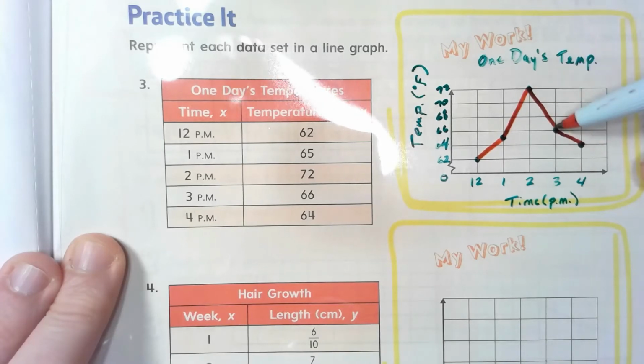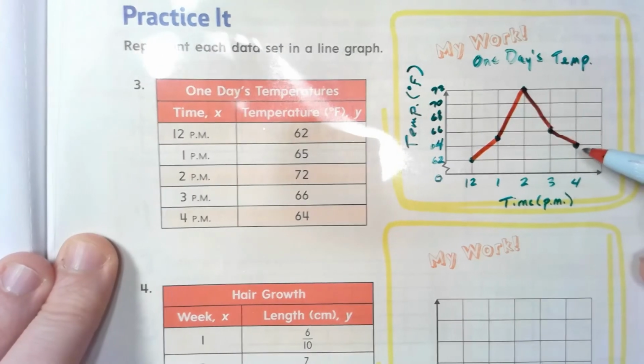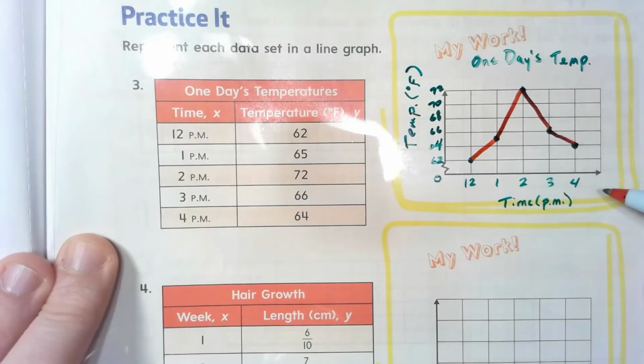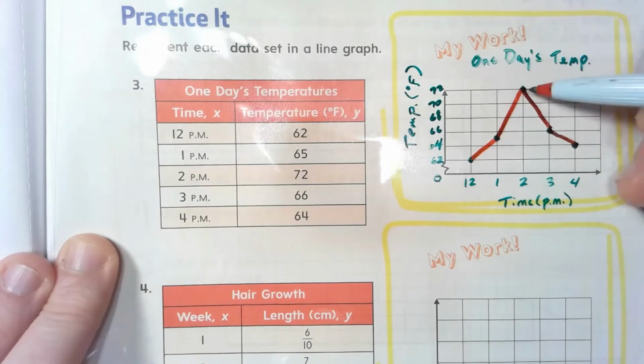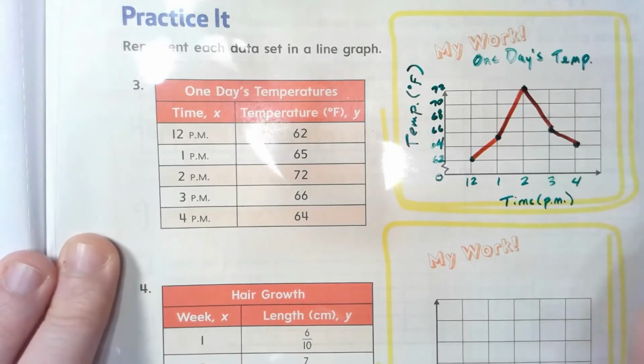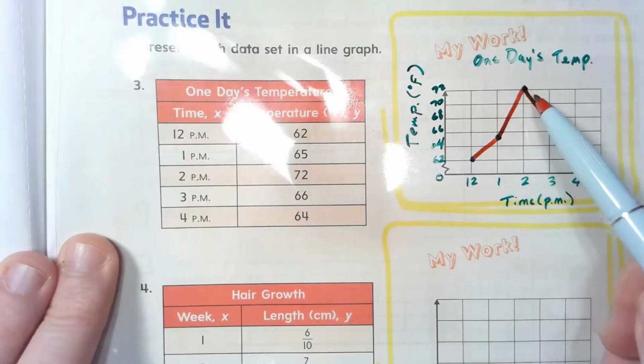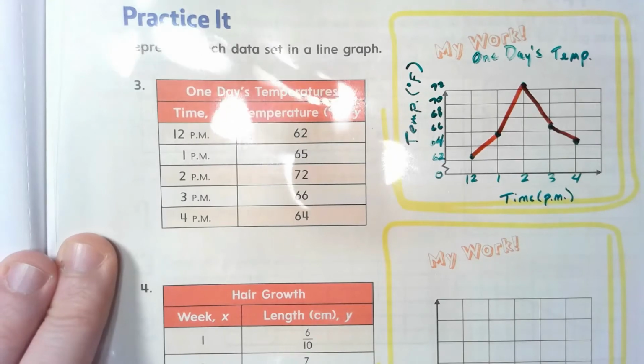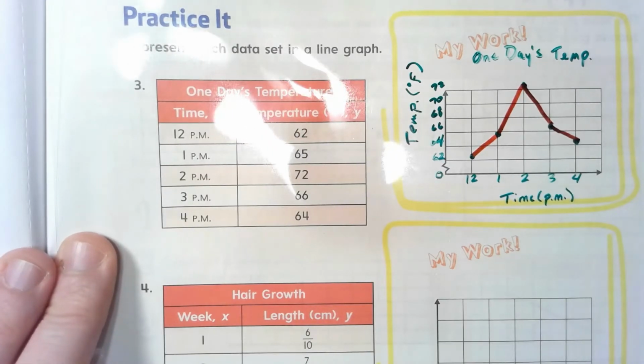If we had plotted another point at 5 p.m. and that 5 p.m. temperature had gone up, then we could definitely know that something has happened here, probably rain. If the temperature continued to go down, we wouldn't necessarily be sure that it was rain. It could have just been a cold front. But definitely something has occurred at approximately 2 p.m. right here, because the temperature drastically decreased in the afternoon, and we normally wouldn't expect that to happen.